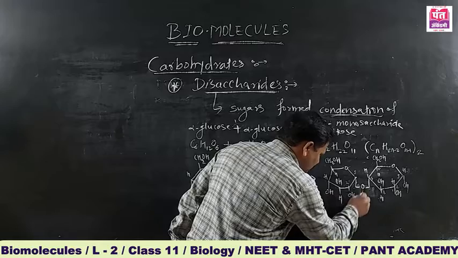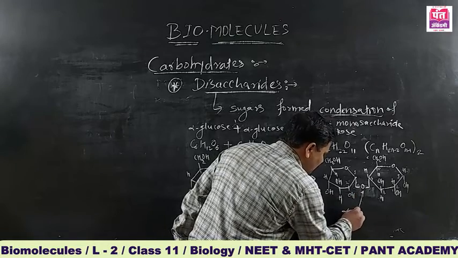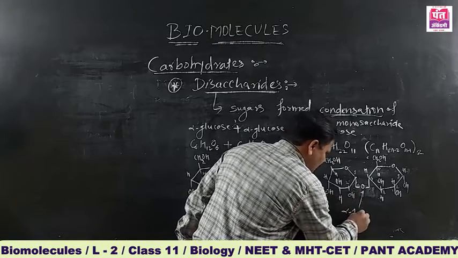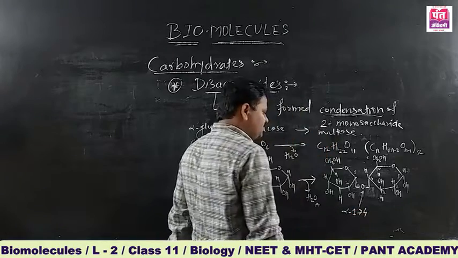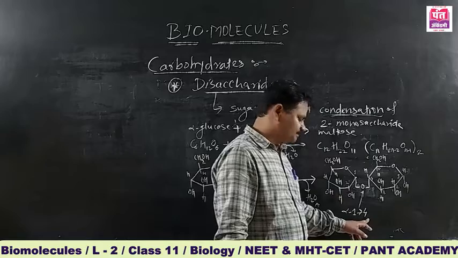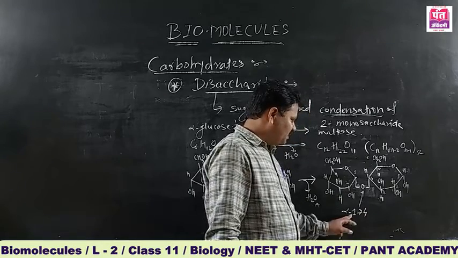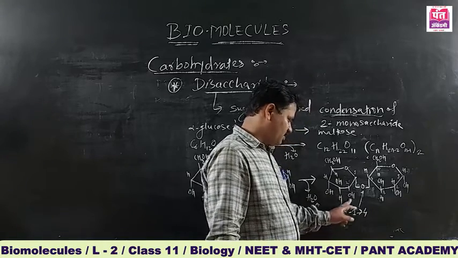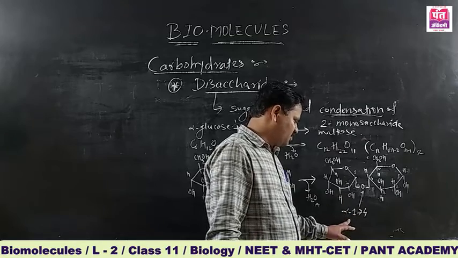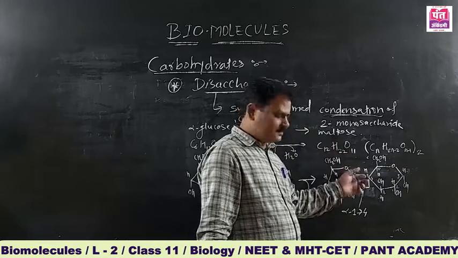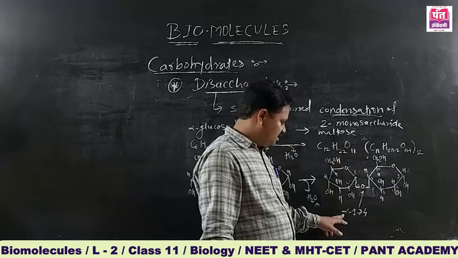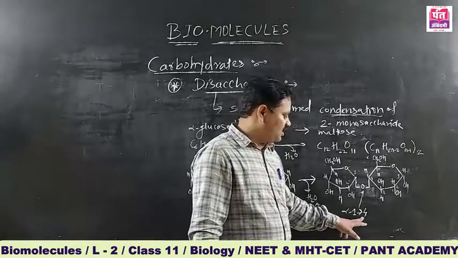So this number of carbons can be given to the glycosidic linkage. This kind of glycosidic linkage is alpha 1,4. Alpha first carbon is attached to the fourth carbon. Both are in the alpha conformation. Remember, both are in the alpha conformation. If the conformation of this group is different, that is beta, then it would have been a beta 1,4 linkage.